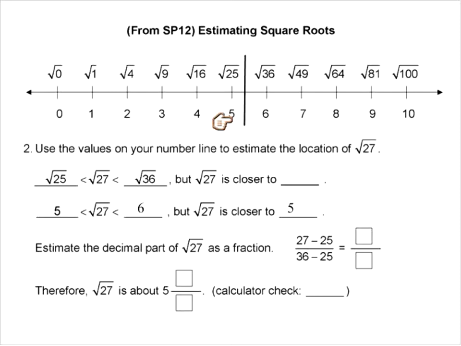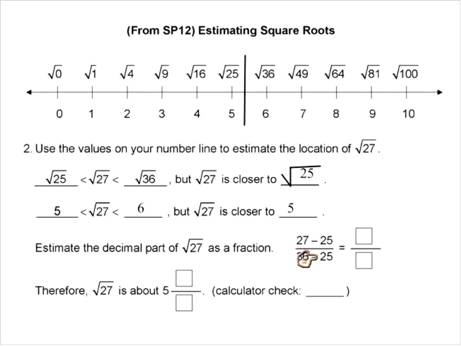Okay, good. So now we can estimate the decimal part by asking, what fraction of the distance from 25 to 36 does 27 represent? And the way we find that out is we can subtract, as we show here. We can subtract 27 minus 25, divided by 36 minus 25 in the denominator.